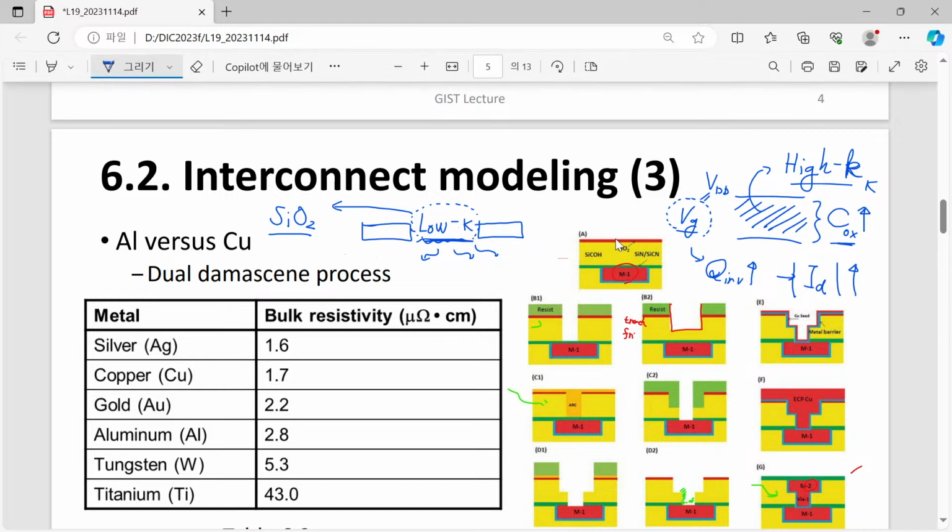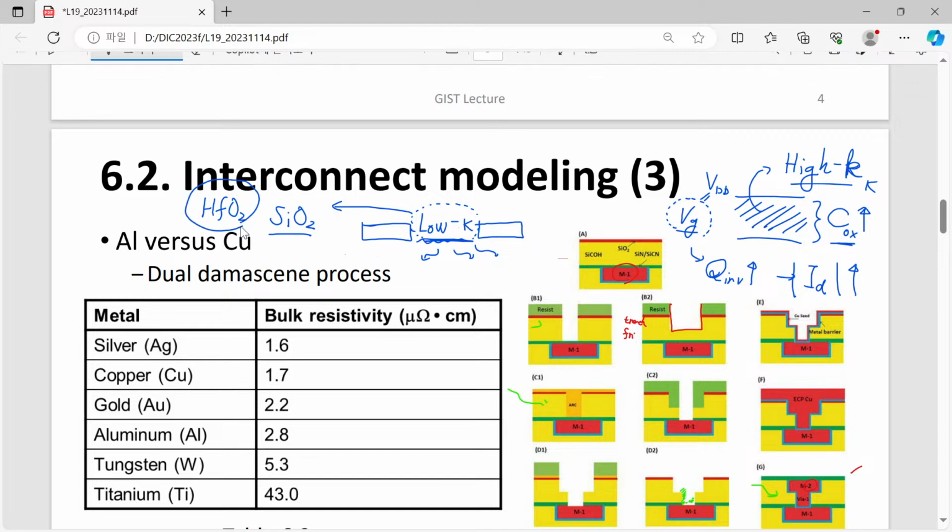So in the case of gate oxide, we have to introduce certain material like hafnium oxide, and this one introduces higher kappa value or relative permittivity.